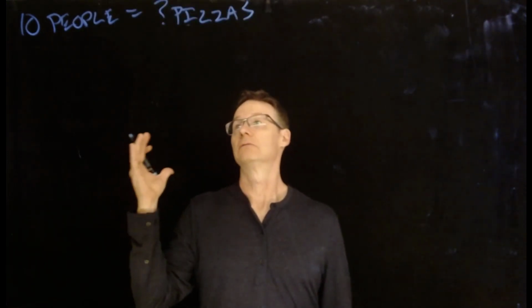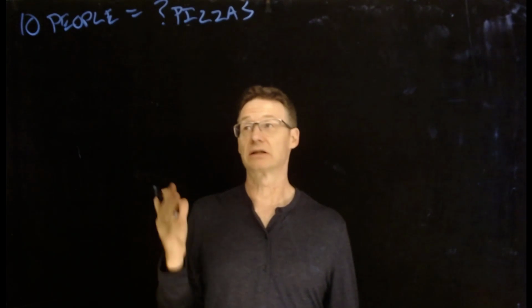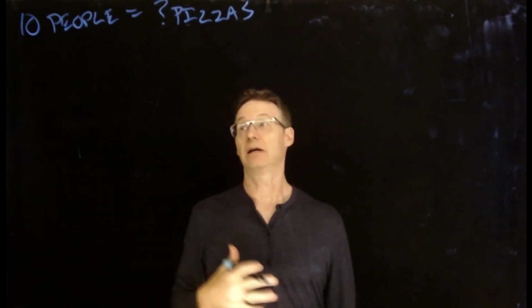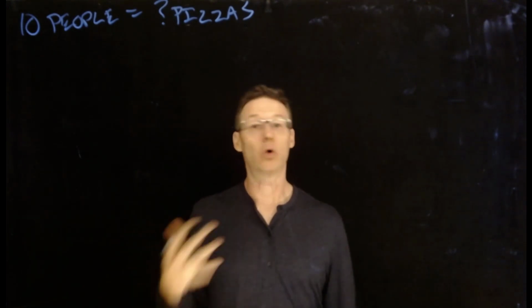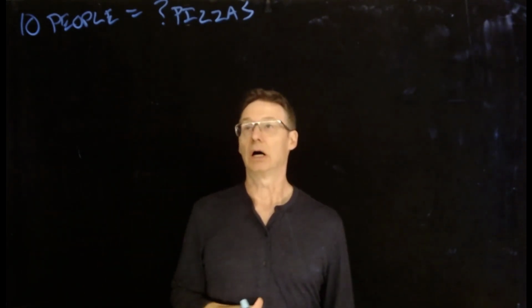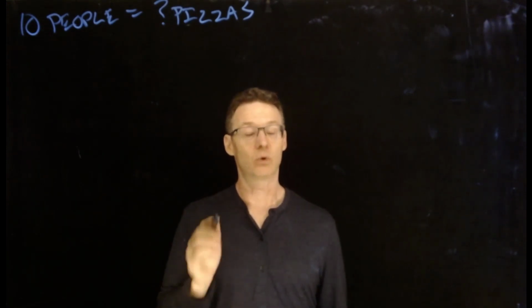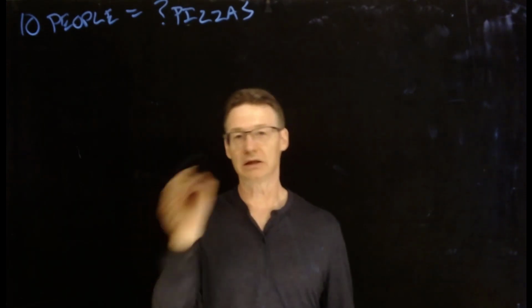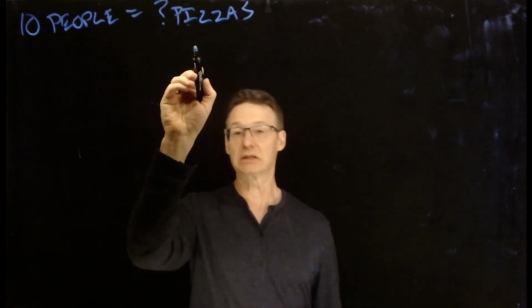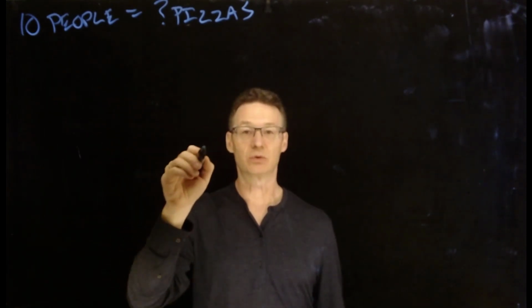Okay, now there isn't necessarily a direct conversion between people and pizzas, unless you assume that each person is going to eat some whole number of pizza, like 1 or 2 whole pizzas. But we need an intermediate conversion that gets me from people to pizzas. We just need something in between.